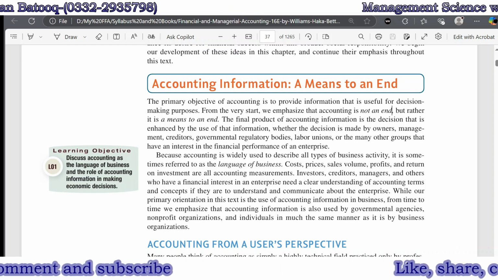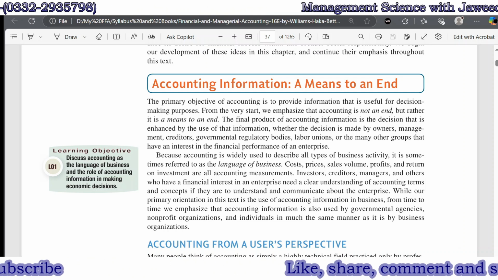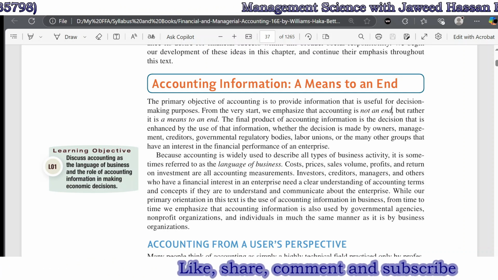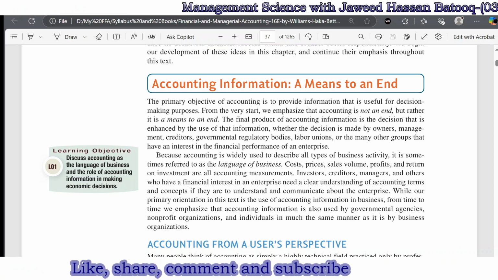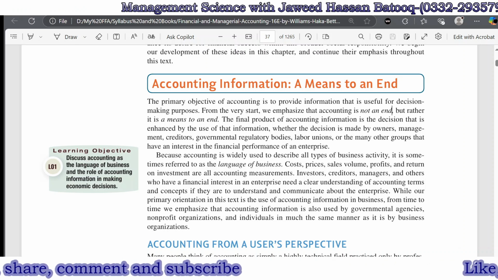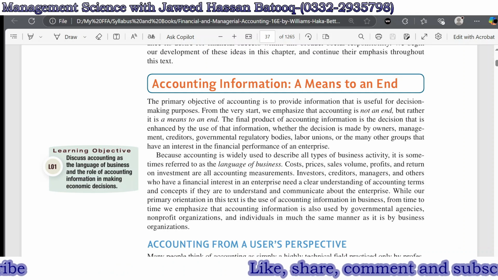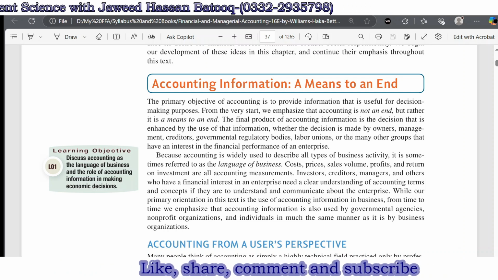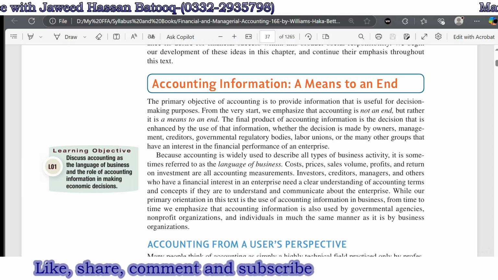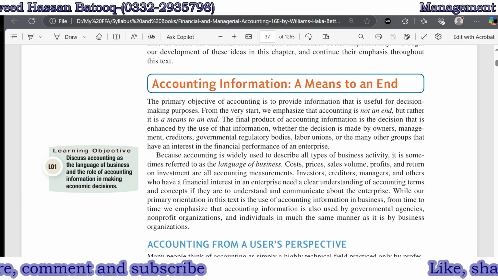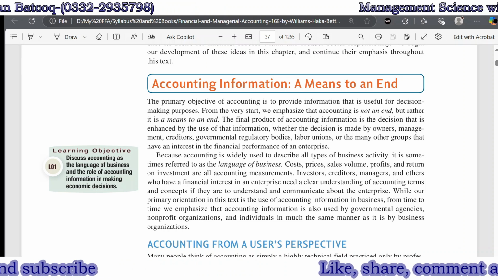It means that accounting is done in order to provide information to people, and those people are called users of accounting information. Once they get the information, they make their decision whether to invest, whether to give credit or not, whether to join the organization as an employee or not. So the final product of accounting information is a decision that is enhanced by the user's use of that information.